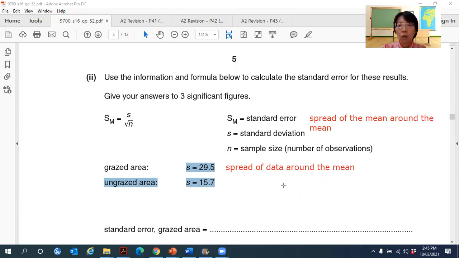Let's take the opportunity to do a revision here. Let's say this is a group of students in Taylor's College, and for a trial exam paper, we do not know whether this paper is too easy or too difficult or just nice. So we will select sample students from all the A-level students who will sit for the trial exam.